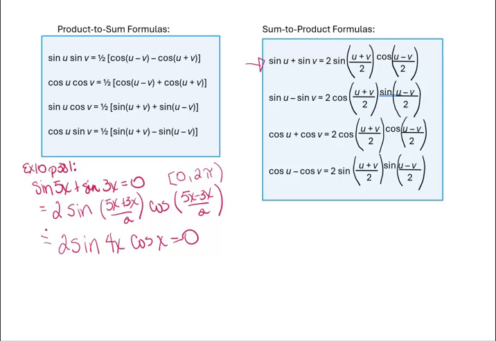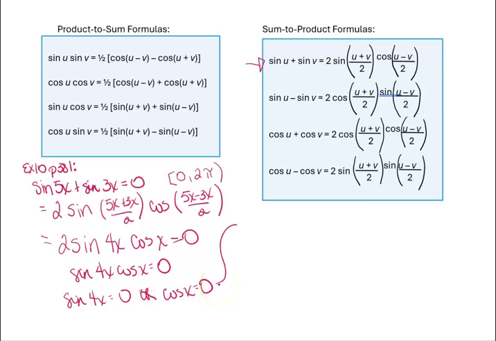If I divide everything by 2, I get sine 4x cosine x equals 0. Now I have 2 factors that I can set equal to 0. I can say sine 4x equals 0 and cosine of x equals 0.